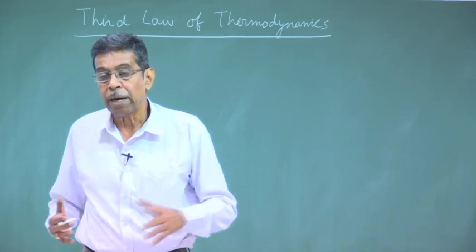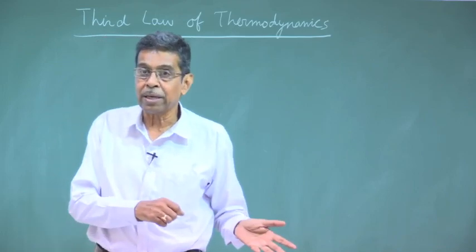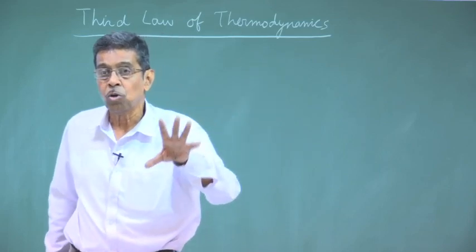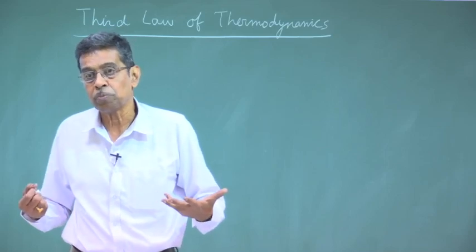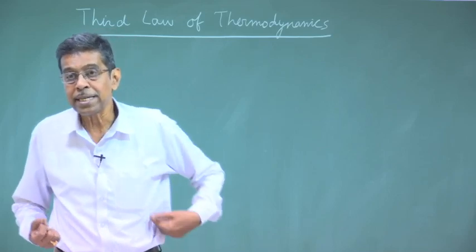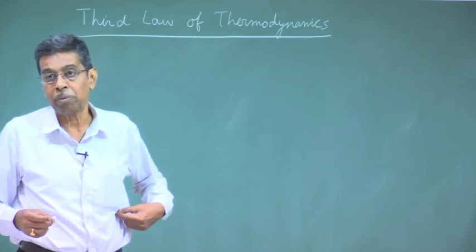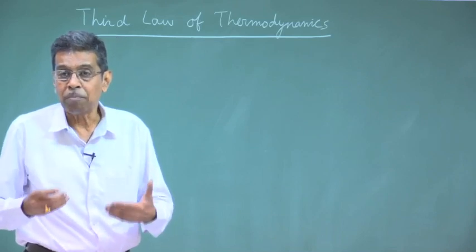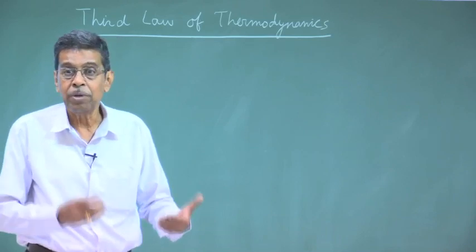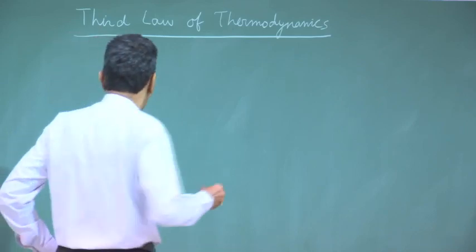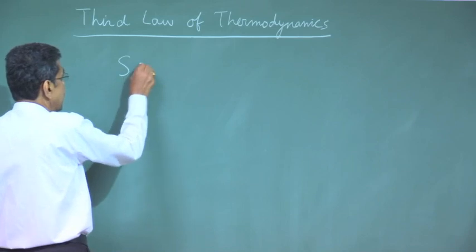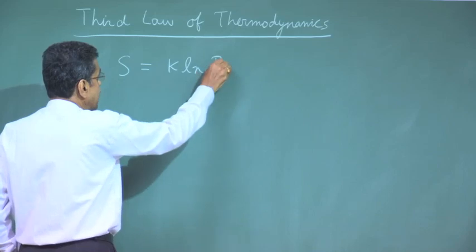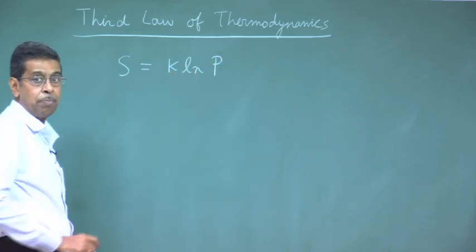So you see, the microscopic state is different from the macroscopic state in that for a given macroscopic equilibrium state of an isolated system, we have a large number of probable microscopic states or molecular configurations. This is expressed in terms of thermodynamic probability in statistical thermodynamics, which indicates the number of possible microstates for a given macrostate of a system, and the absolute entropy S in that case is expressed by a very well known equation, S equals K ln P, where P is the thermodynamic probability and K is the Boltzmann constant.